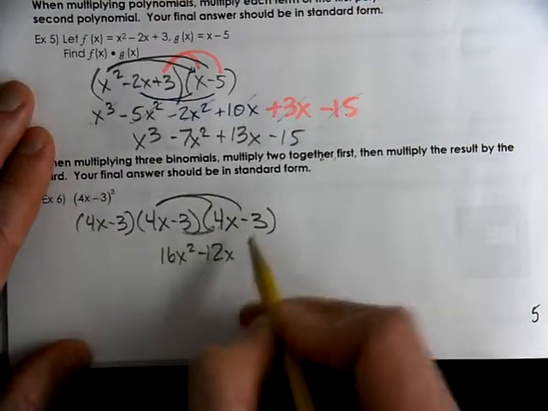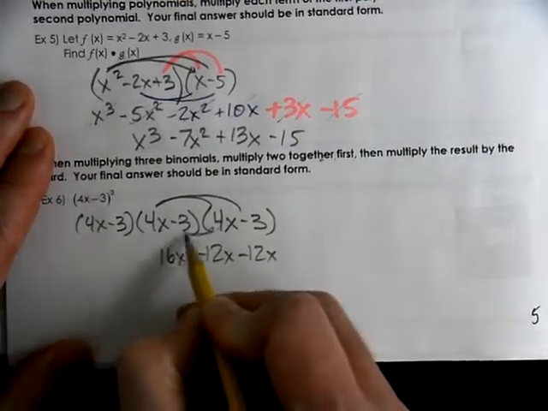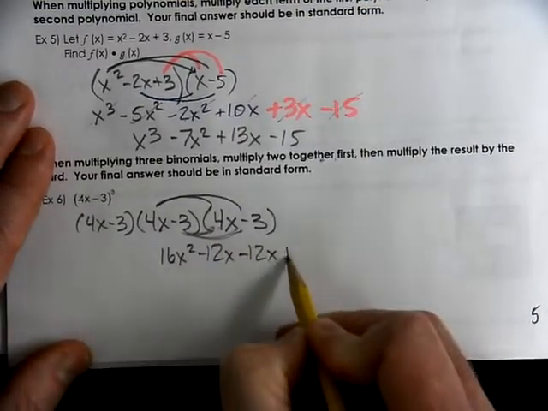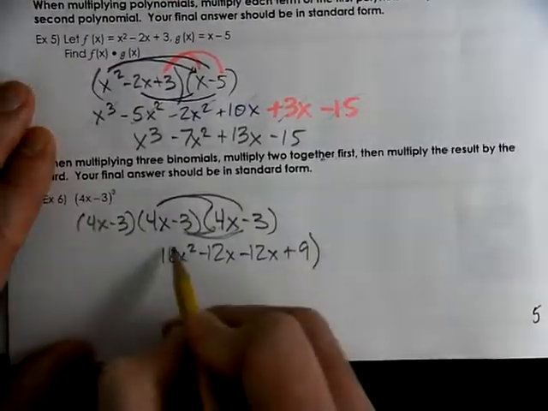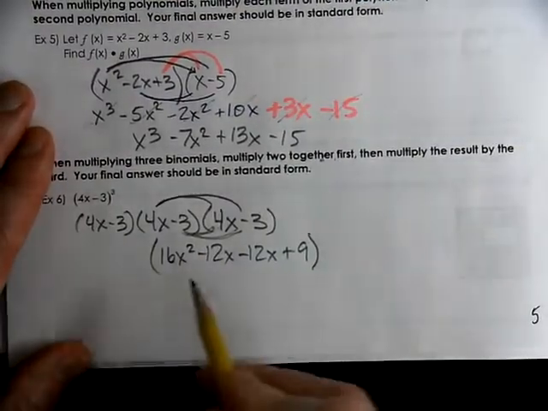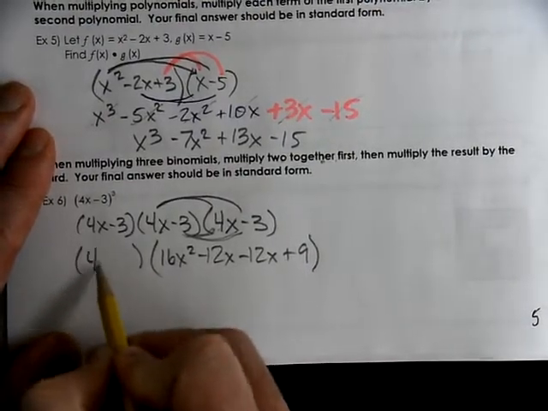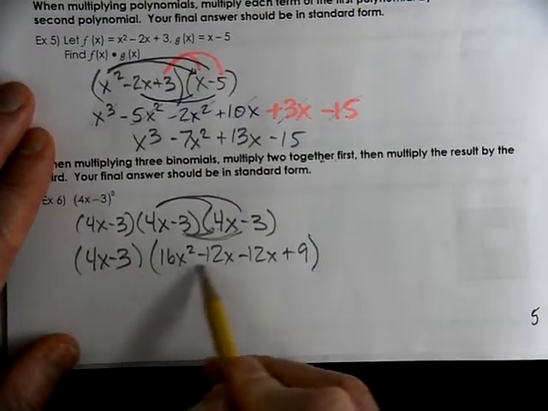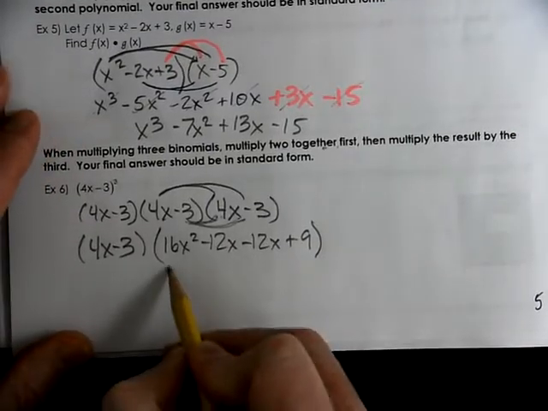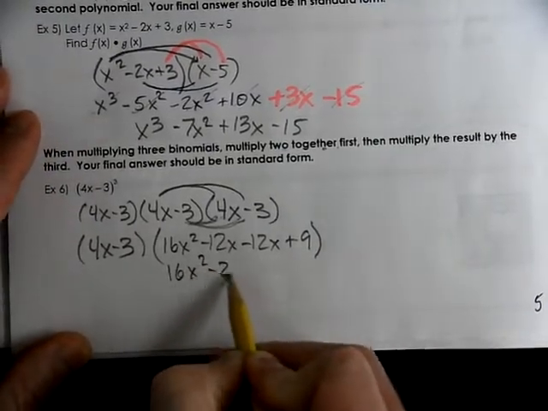This side would be 4 times 3 is negative 12. And 3 times 3 is positive 9. That whole polynomial is going to be multiplied by 4x minus 3. Now we can simplify this together first by collecting our like terms.